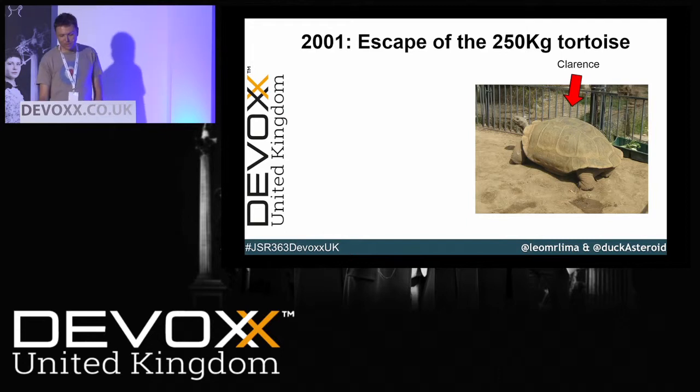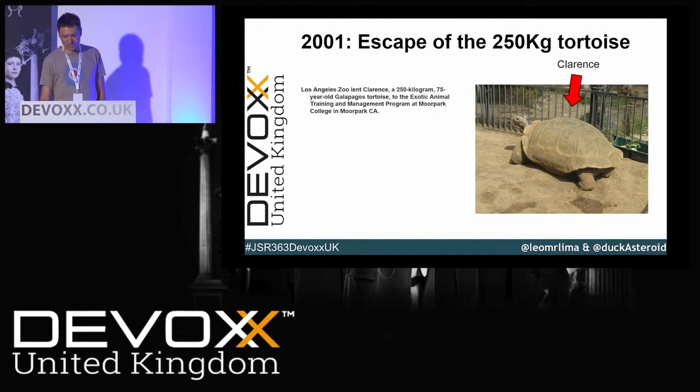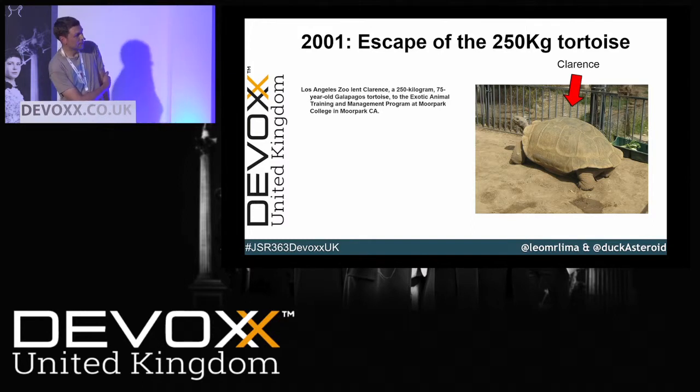And then this is my favourite. In 2001, the escape of the quarter-ton tortoise called Clarence. So Clarence was at the Los Angeles Zoo, and she was lent to the Exotic Animal Training and Management Program at Moorpark College in California.